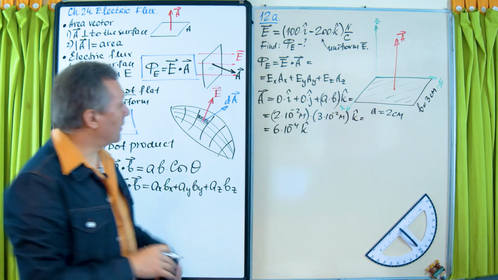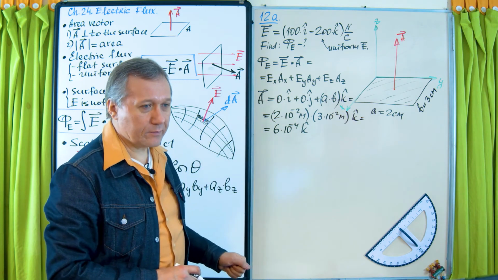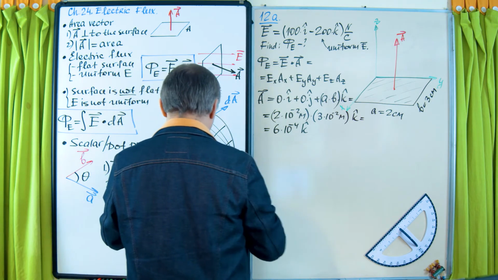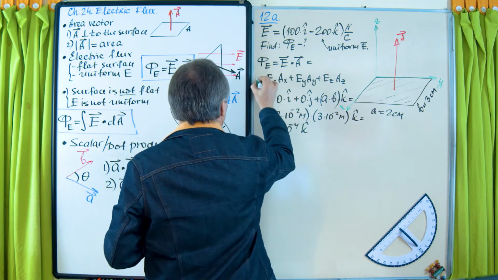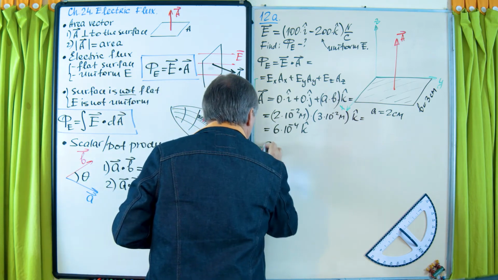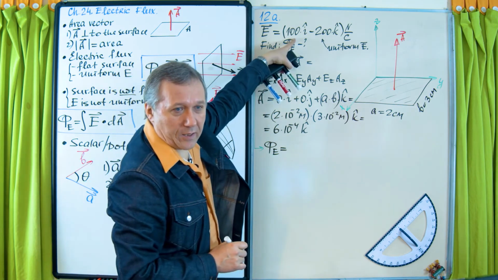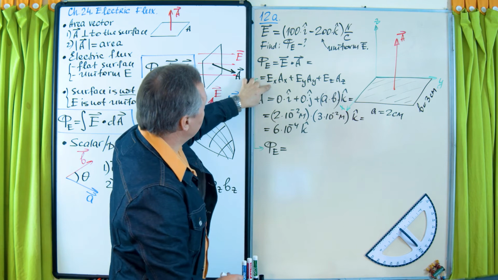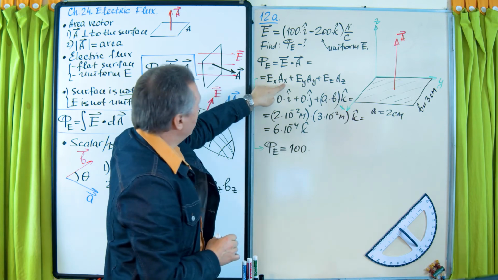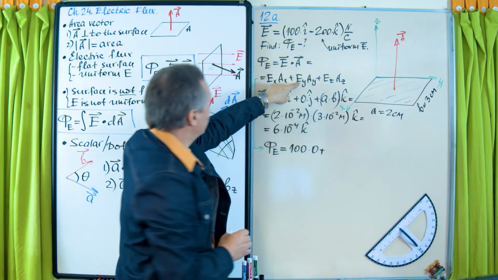Okay, so now we are ready. We can go back to this. Now we have all the components of the A vector and components of the E vector. So now we're all set to finalize the problem. Let's take care of the total flux. Flux will be equal: E sub x, 100, times A sub x, 0, then plus E sub y.